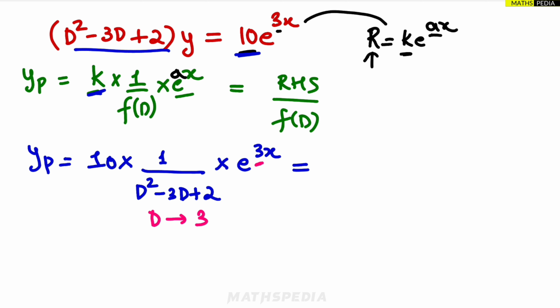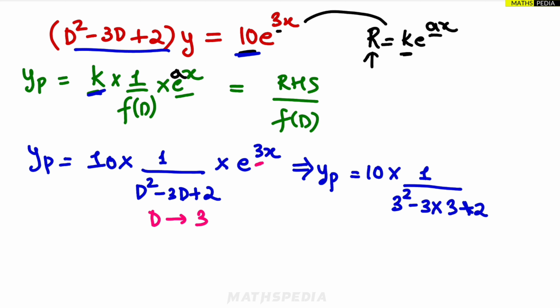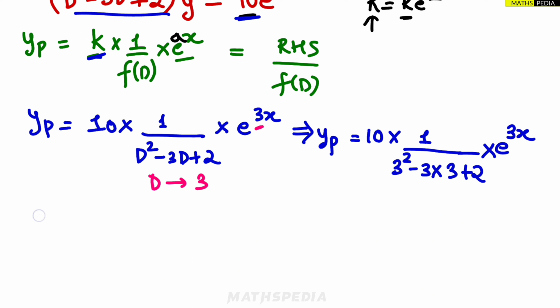So what will happen here? yp will become 10 into 1 divided by, in place of d put 3: 3 square minus 3 into 3 plus 2, into e power 3x.